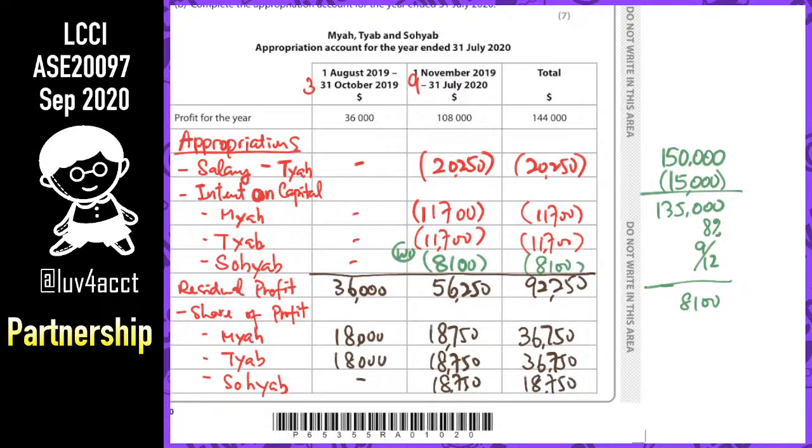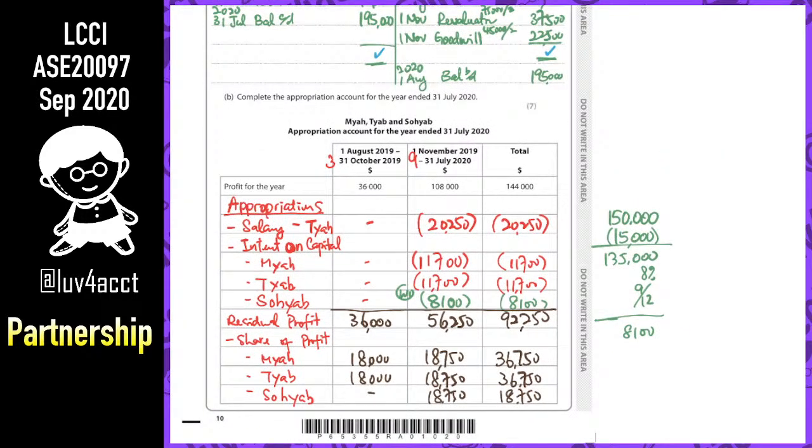Finished. 7 marks, not much, but it is not difficult. We just have to be careful because everything, except for the share of profit, we have to scale from 1 year to 9 months. If you forget this part, you will lose almost all, 4 points out of the 7 marks.